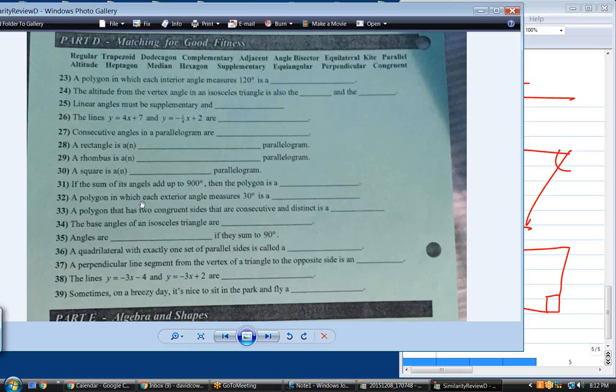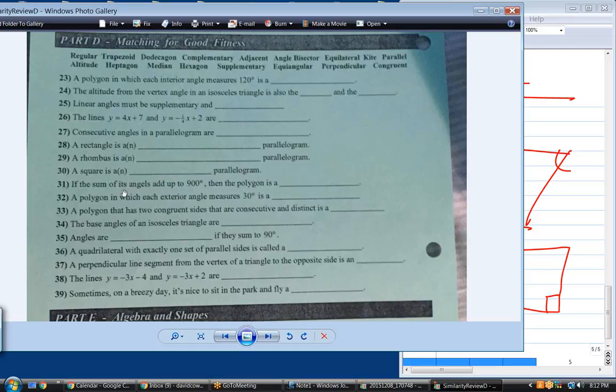Maybe, because it's both equiangular and equilateral. It's definitely regular, but I would call it a regular polygon. I'm not sure I would call it a regular parallelogram, but I guess so. And a rhombus would not necessarily be a regular parallelogram because the angles wouldn't be the same.